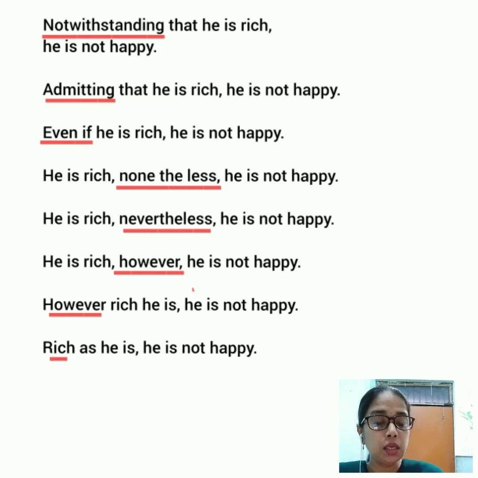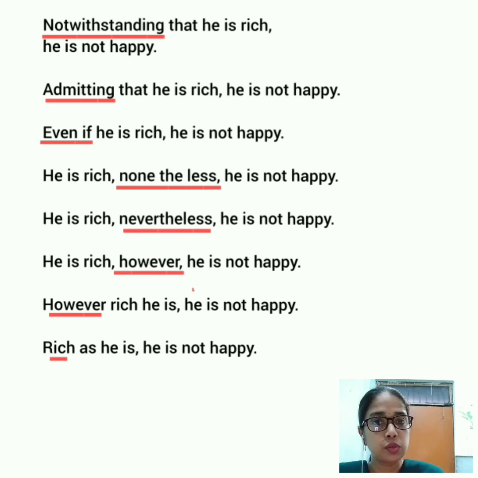Nonetheless, comma, he is not happy. And in the same way, you write with nevertheless also. He is rich, comma, nevertheless, comma, he is not happy. Nevertheless also is used in between the two clauses. Then with however. He is rich, however, he is not happy.